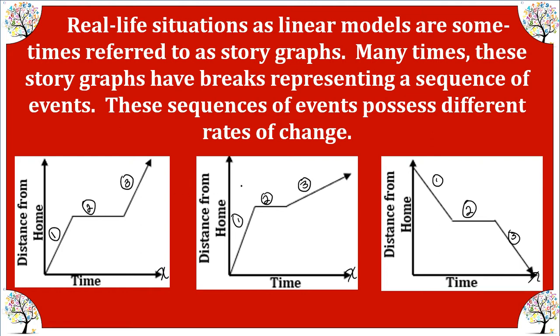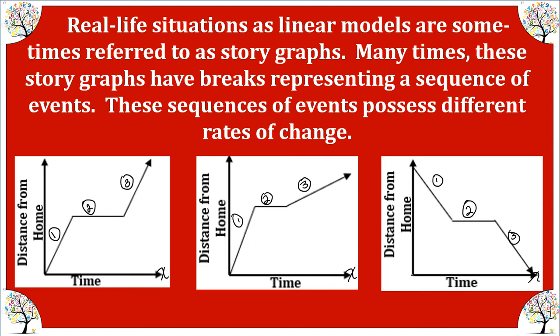Here we see in our next example that in interval 1 compared to interval 3, they were going much faster. Then they took a little break, and then they continued on their journey, but at a slower rate because we can see our slope is not nearly as steep as it is in interval 1. Now, our third example, we don't start at home.